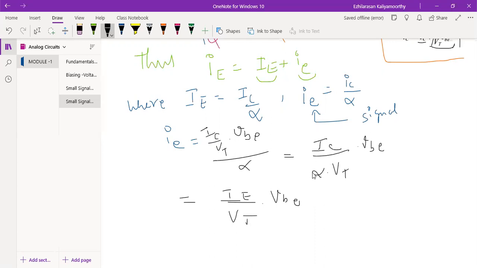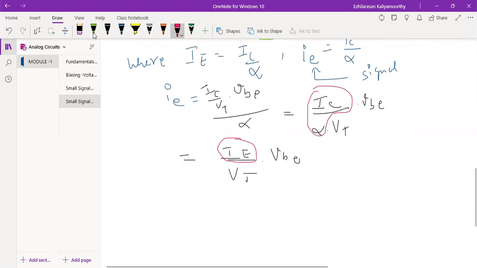Why have I written this IC by alpha? You see this quantity: IC by alpha is nothing but IE. So IE by VT into VBE.